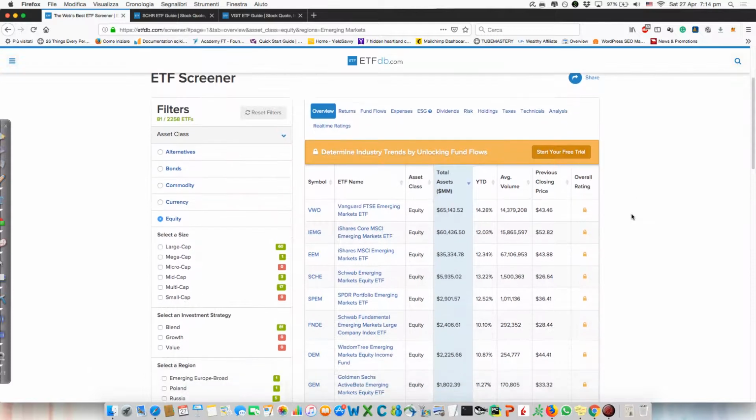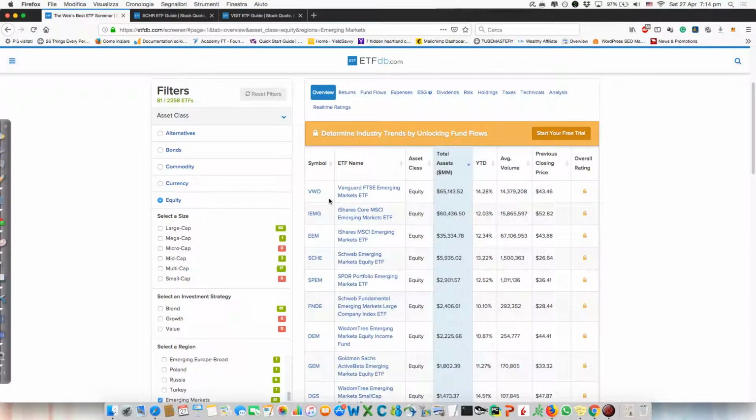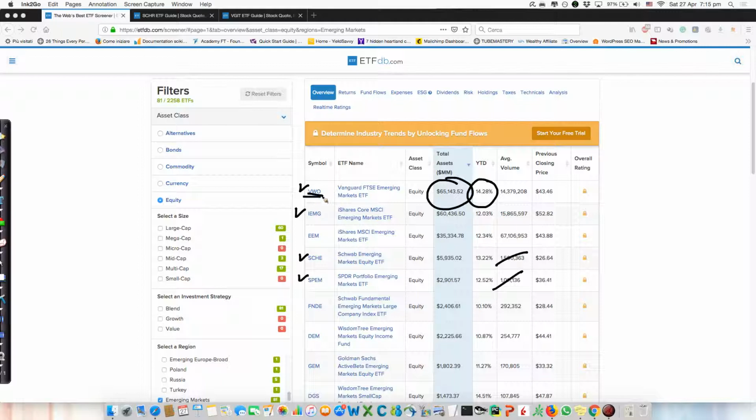And here we have, so the possible are 1, 2, 4, and 5, and you can see here that definitely these two have higher volume than this, 10 times, so we can remove this. This one seems to have better return as well. Is the largest one in terms of asset under management. So I would say that probably this is the right choice.